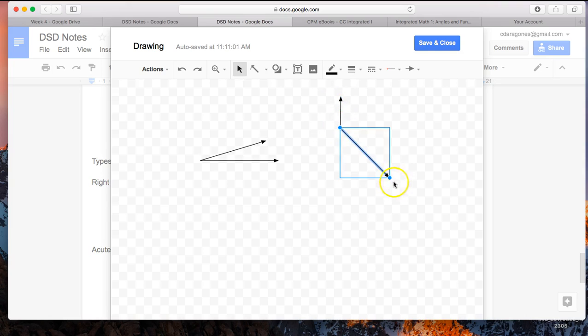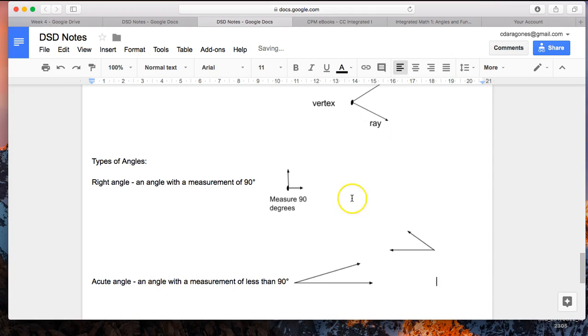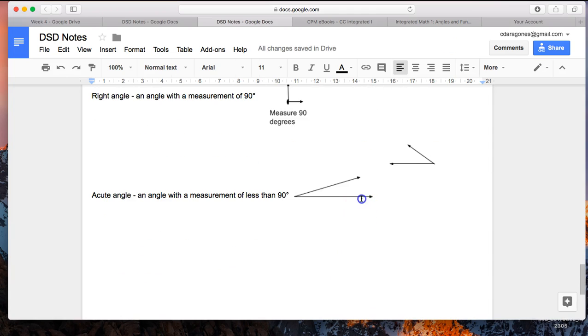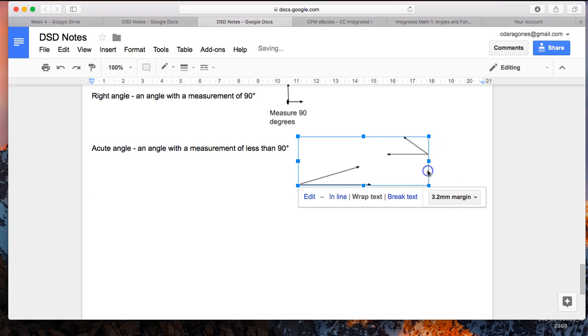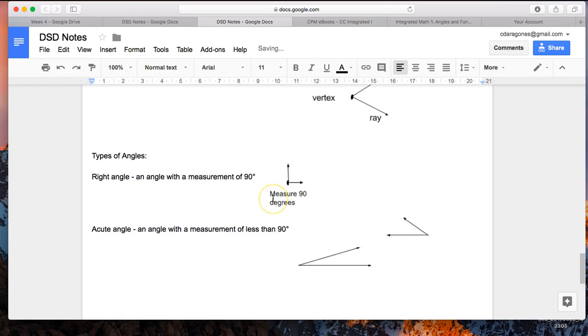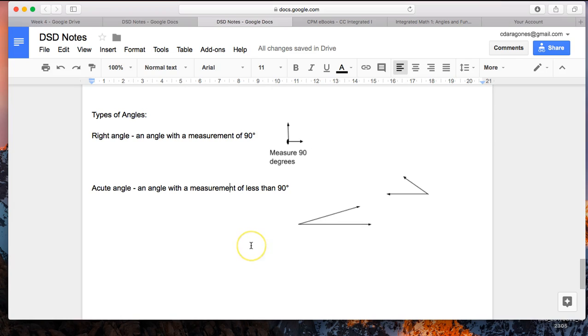This is a right angle right here, right? If we were to make it smaller, we would take our ray and decrease it. So there's another example of an acute angle. So you can go ahead, write down the definition of acute angle and draw the diagrams that are examples of acute angles. Pause the video until you're finished and then keep on going.